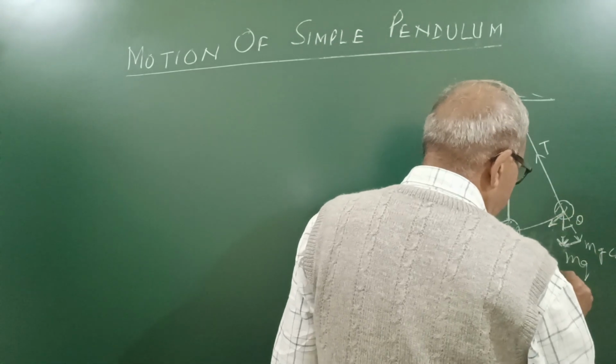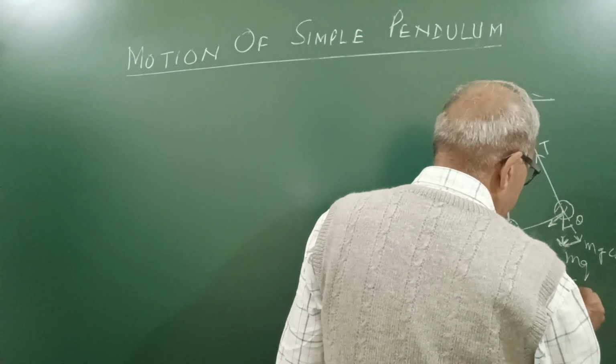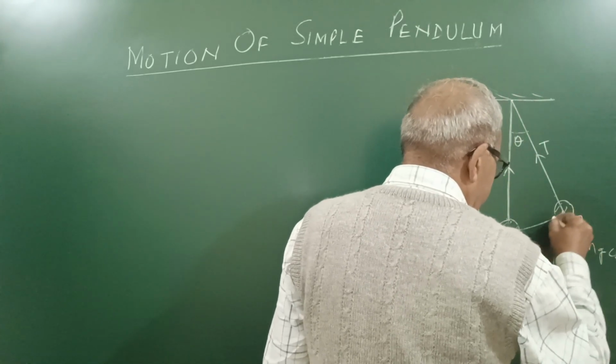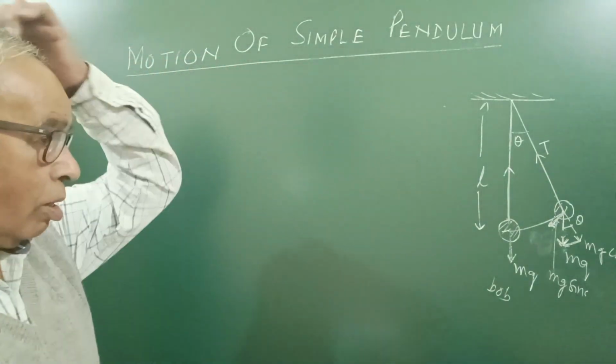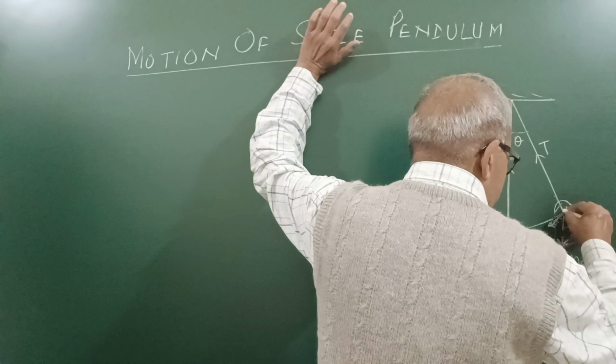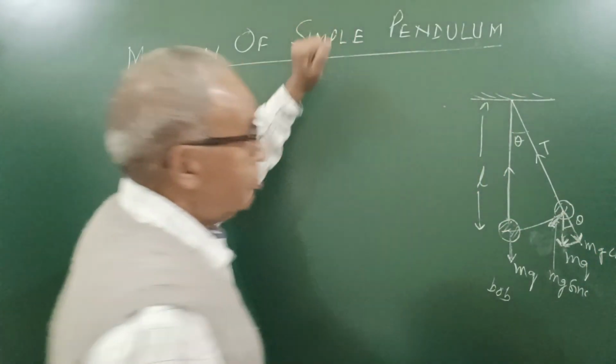I am writing it here, mg sin theta. This component here is mg sin theta. mg cos theta and mg sin theta are the components of the weight of the bob.